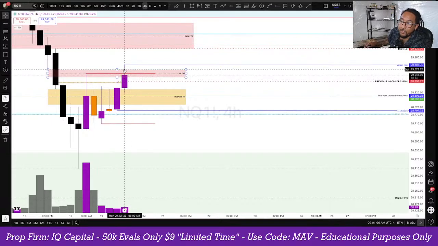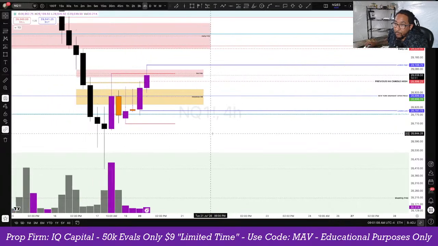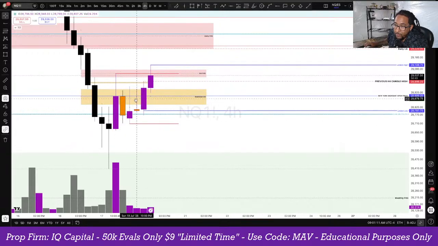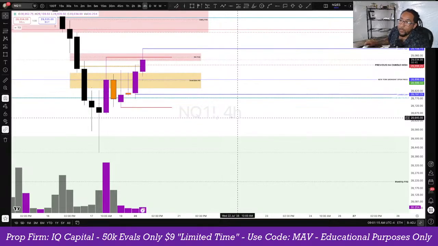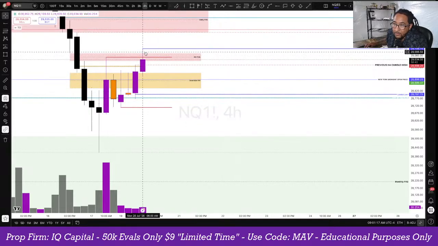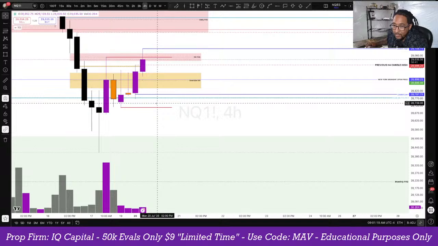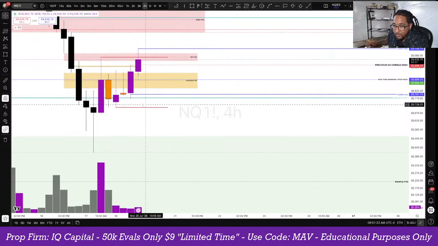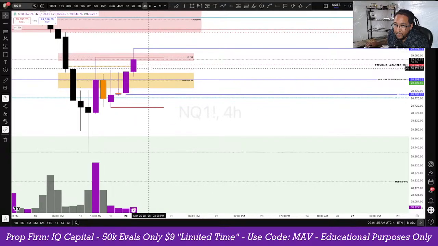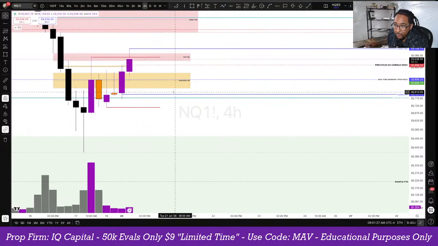However, it's not quite ready to go up yet. Because remember, this is pre-market. All this is pre-market. So during the opening, what I'm looking at, we may look at some retracement to the downside in the opening. Wick get some of this, fill in some of these gaps that were created during pre-market.